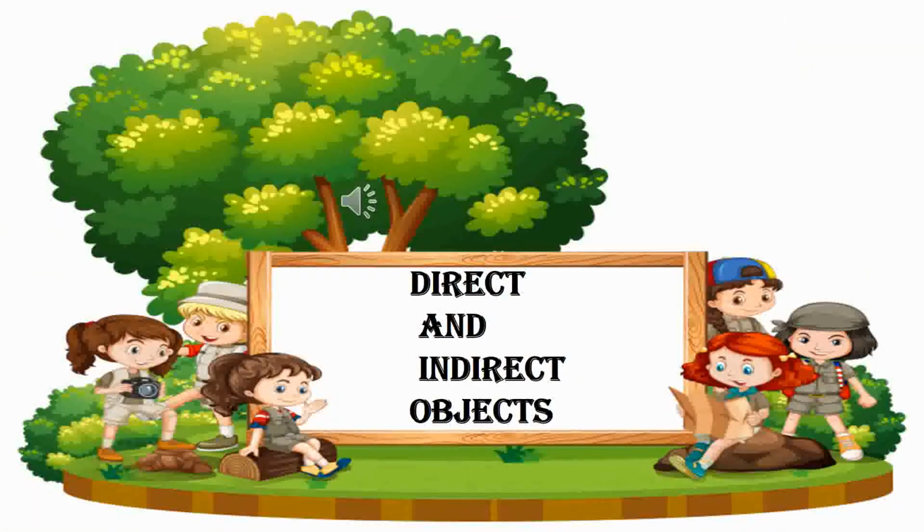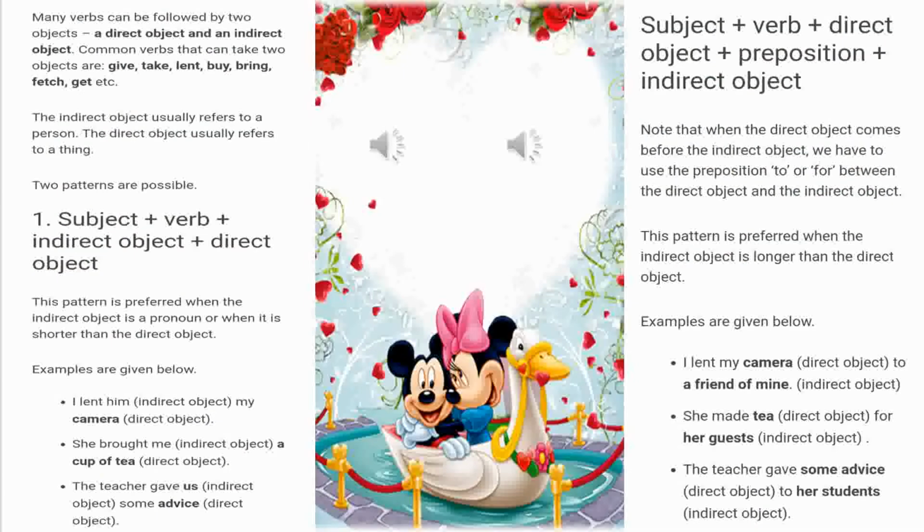Our next topic is direct and indirect objects. Many verbs can be followed by two objects, a direct object and an indirect object. There are many common verbs which can take two objects.